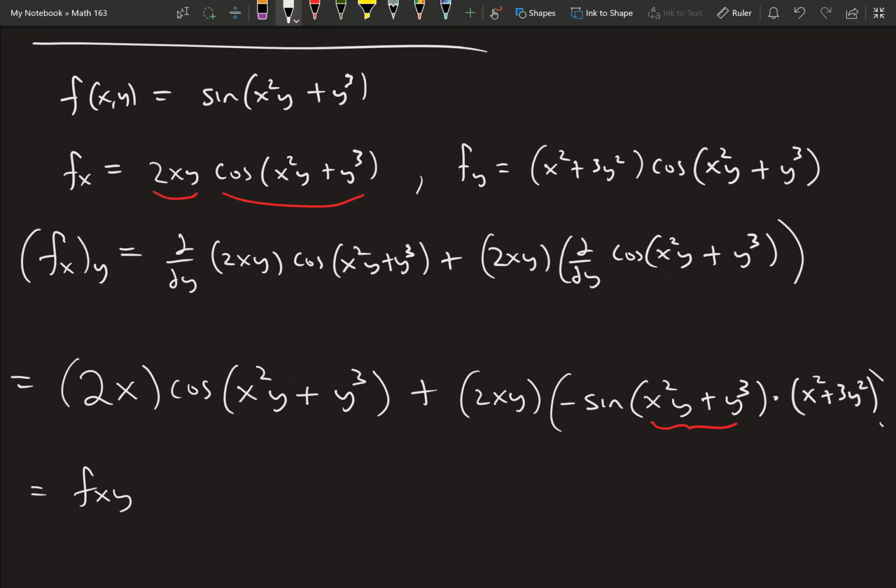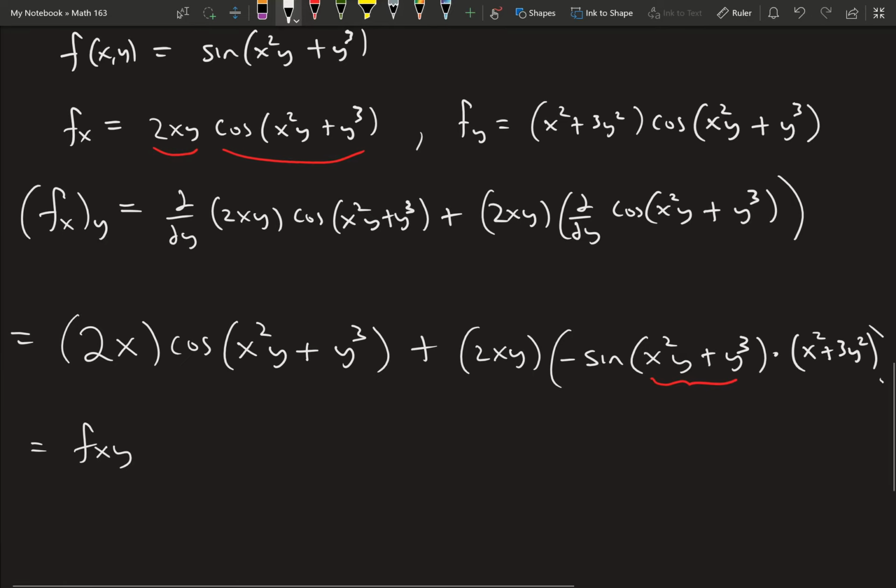Okay, and I didn't simplify it. The reason I didn't simplify it is because what I want to show, WTS, want to show, is that f_xy is actually equal to f_yx. And this is going to be a general statement for functions that are sufficiently differentiable. Essentially that's going to be most functions for us.